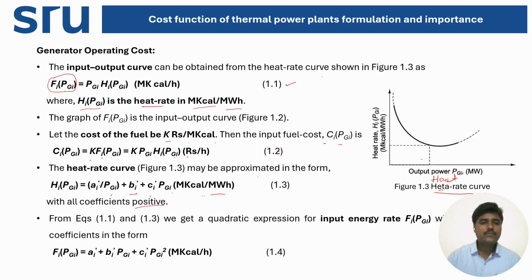Now by using equation 1.1 and 1.3, you can get the input energy rate function as Fi of PGi is equal to Ai plus Bi PGi plus Ci dash PGi square expressed in million kilocalories per hour.